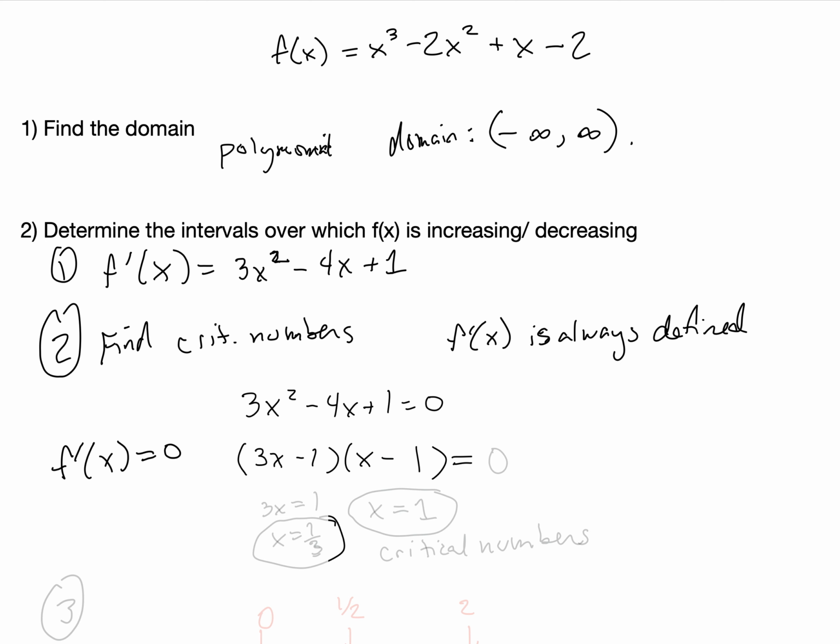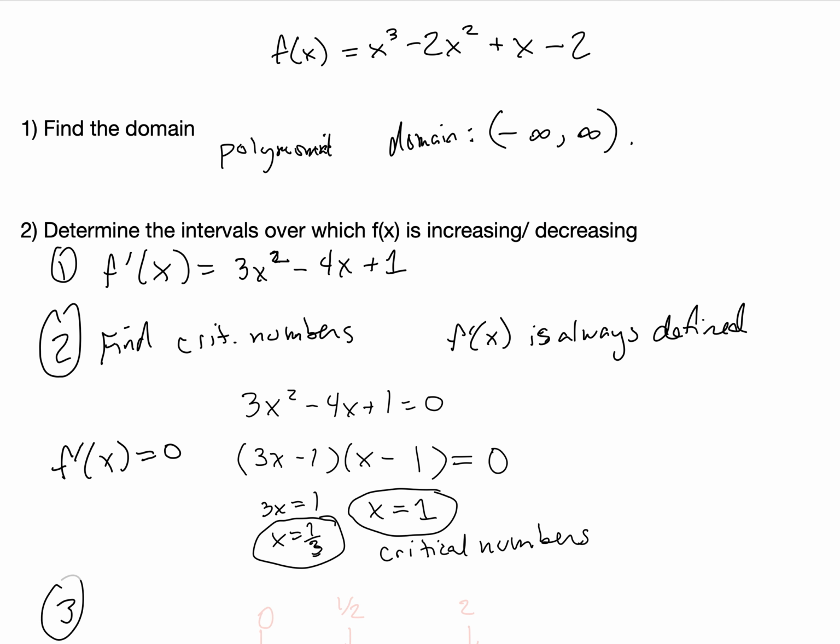So that factors in that way. This means 3x equals 1, so x equals 1/3, and the other critical value is x equals 1. These are our two critical values, places where the derivative is equal to 0.